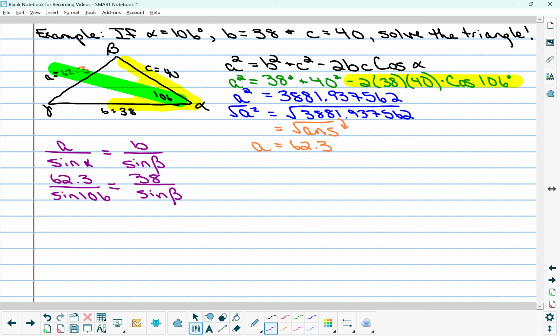Okay. And then when I cross multiply, I'm going to get 62.3 times the sine of beta is equal to 38 times the sine of 106.